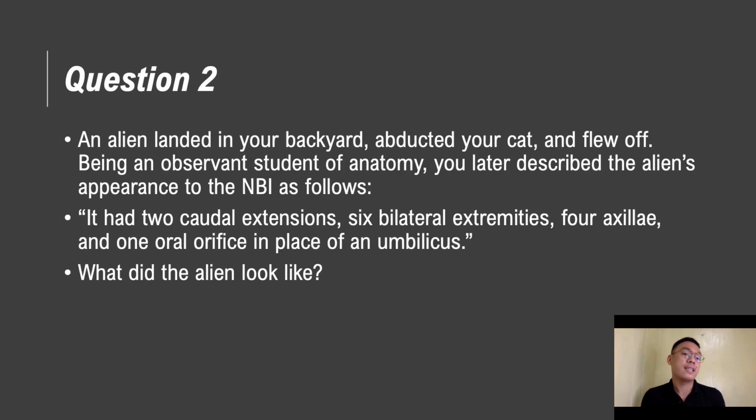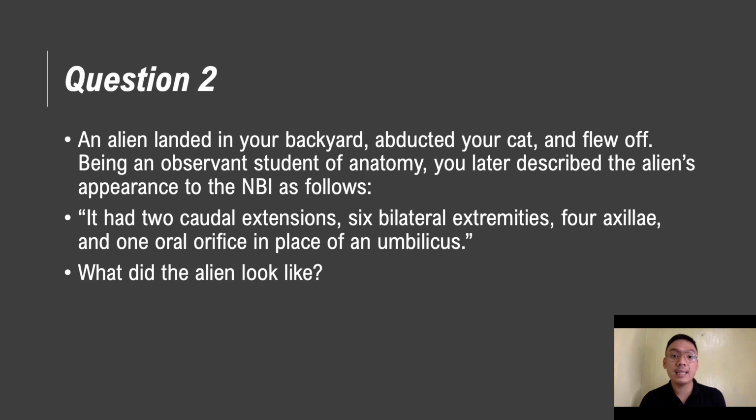Next question. An alien landed in your backyard, abducted your cat, and flew off. Being an observant student of anatomy, you later described the alien's appearance to the NBA as follows: it has two caudal extensions, six bilateral extremities, four axillae, and one oral orifice in place of an umbilicus.